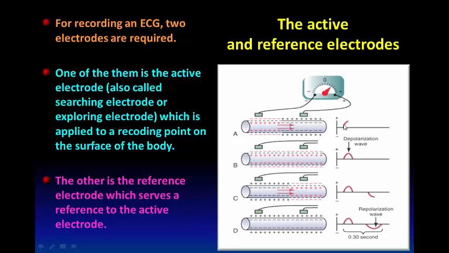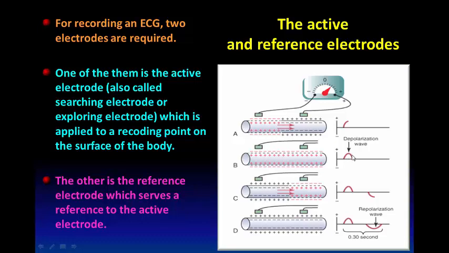This gives a positive deflection. So the needle of the ECG machine moves up and then returns back to the isoelectric line, giving a positive deflection, a positive wave. So a positive wave is recorded.